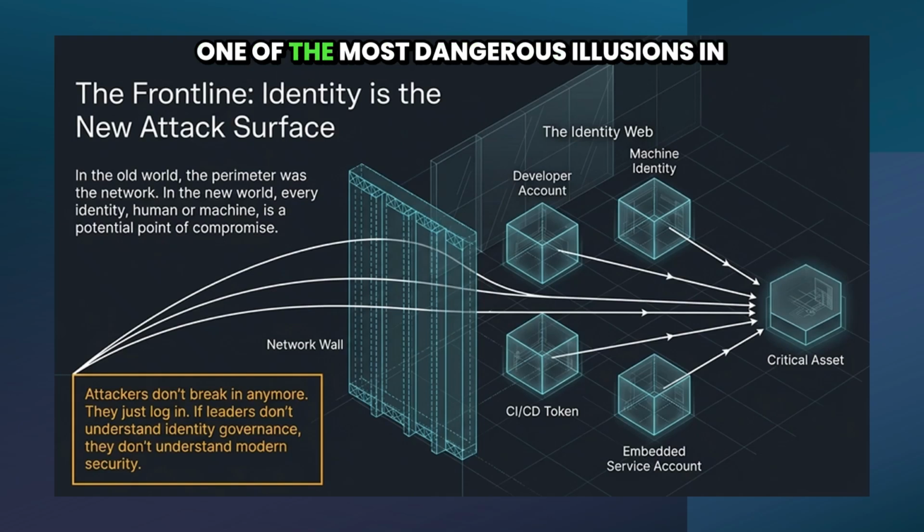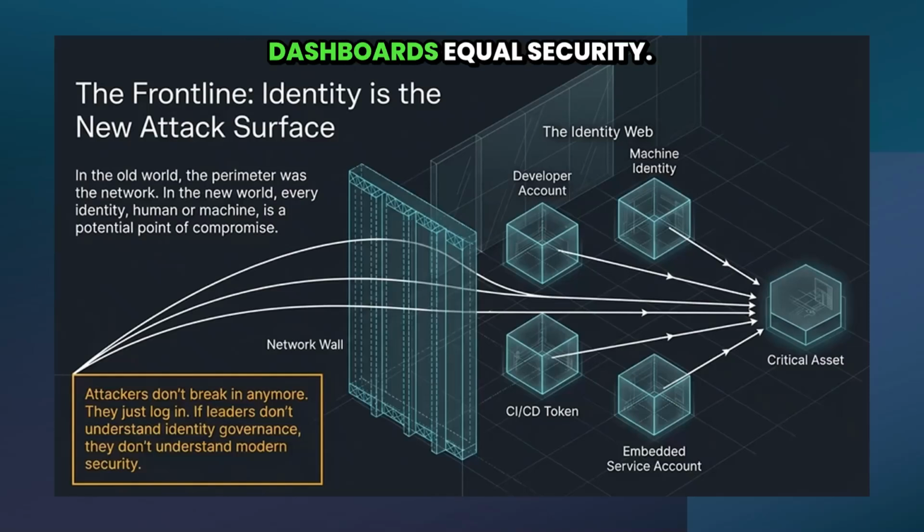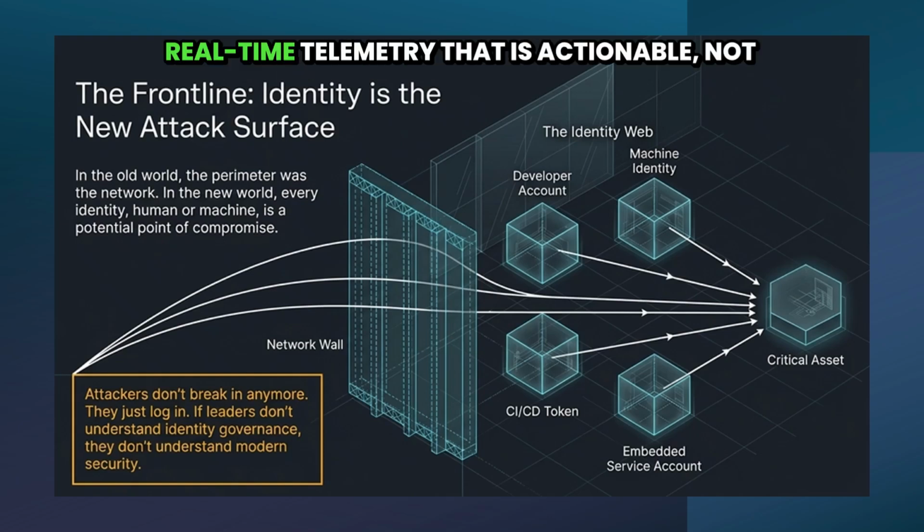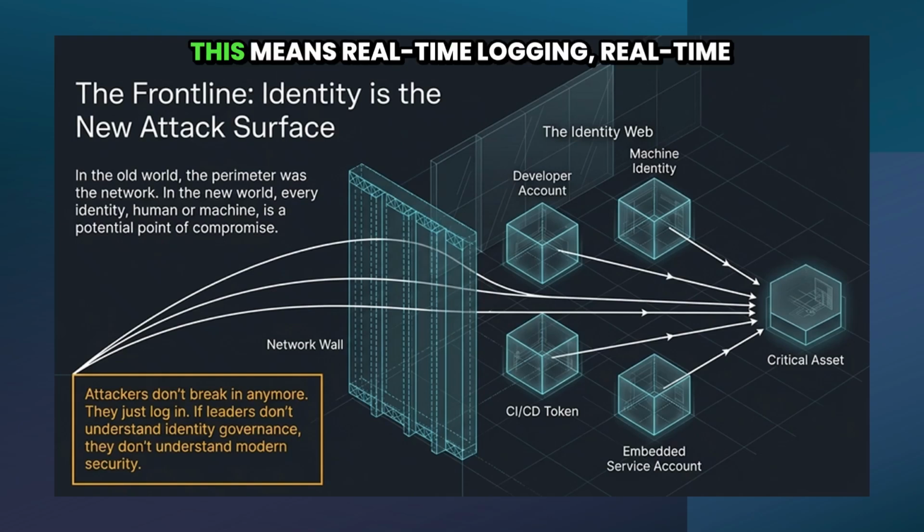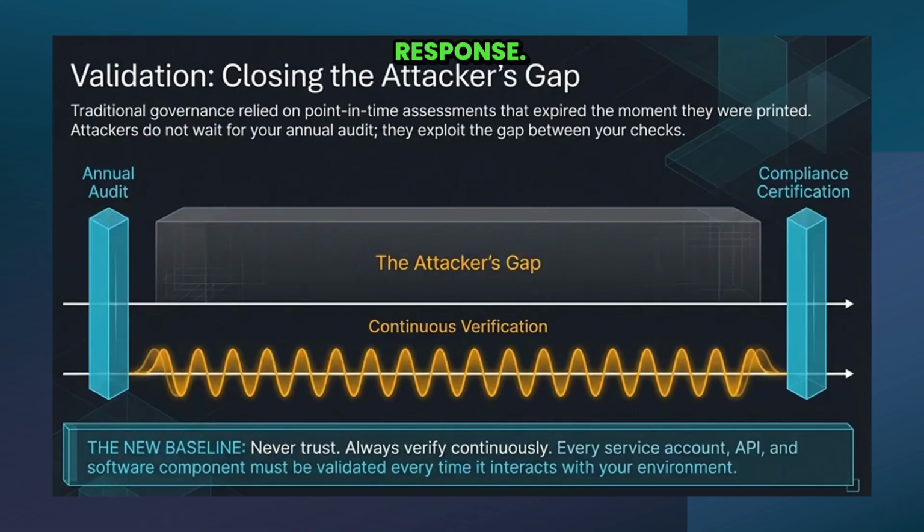One of the most dangerous illusions in modern leadership is the belief that dashboards equal security. Dashboards are not security. They are just storytelling. Zero trust demands something different. Real-time telemetry that is actionable, not decorative. This means real-time logging, real-time detection, real-time correlation, real-time response.